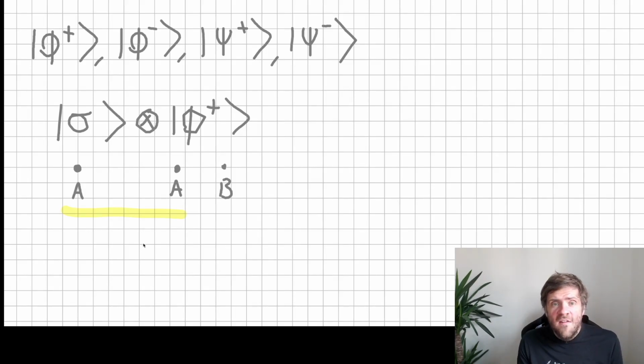When you measure in a basis, it is forced to become one of those basis states. And now let's suppose that the result she gets is phi minus, then what will be the resulting state of Bob's qubit? It used to be half of an entangled pair, but the other half of that entangled pair is now gone off to have its own life.